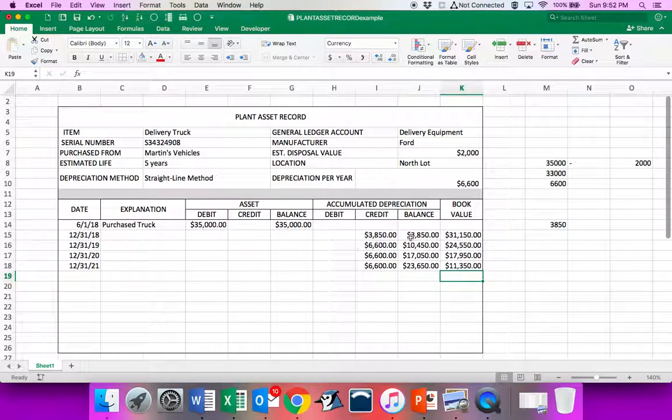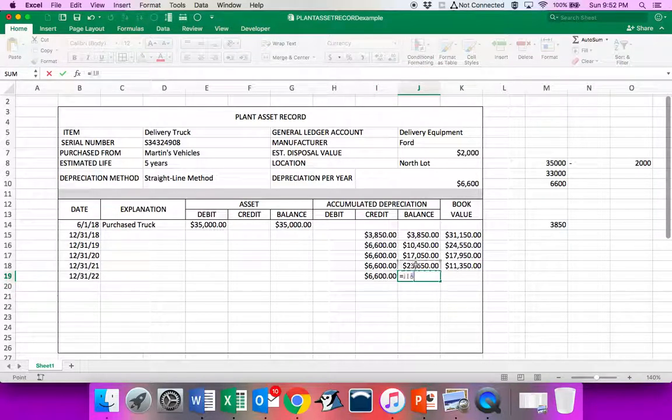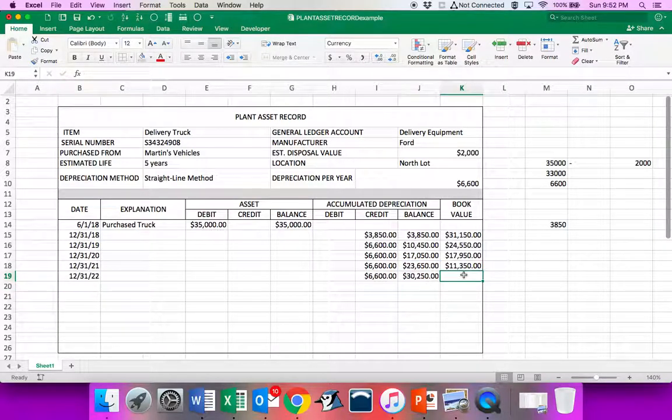That's 3 full years and a half of another year, so this will be the 4th year. 6,600 again. There's our total depreciation so far, and this is what our truck is worth now.